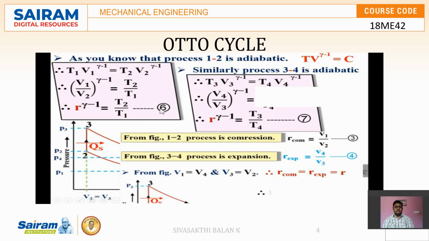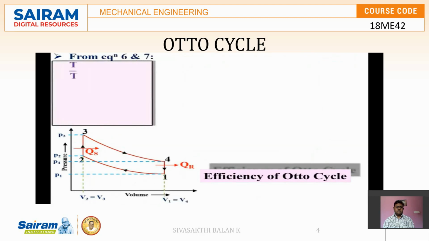So now observe equation number 6 and equation number 7. R raised to gamma minus 1, and over here it is also R raised to gamma minus 1. So I can say T2 by T1 is equal to T3 by T4. So from equation number 6 and 7, I can say T2 upon T1 is equal to T3 by T4.